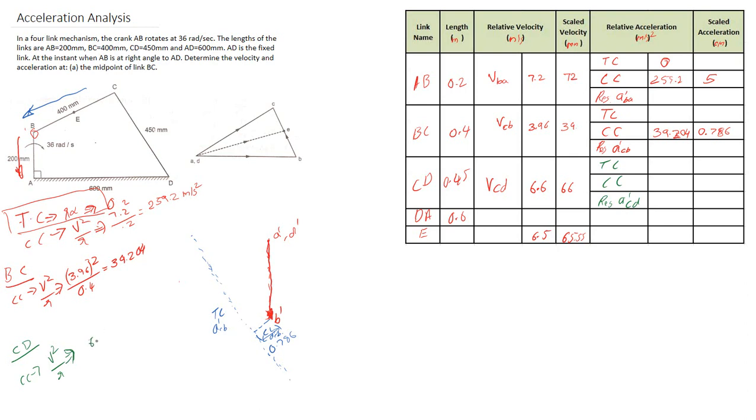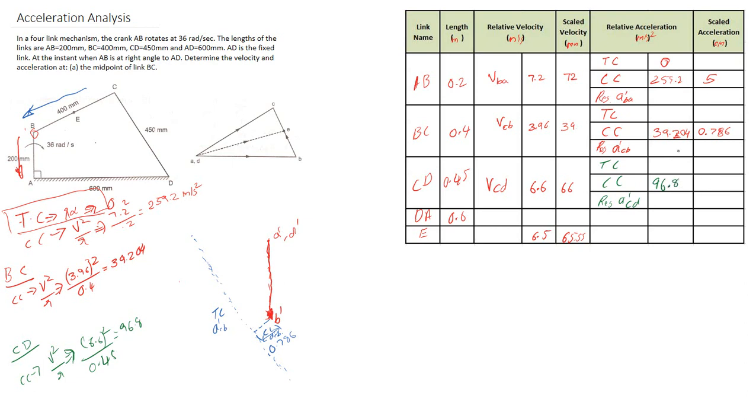That means 6.6 square divided by 0.45, which will be equal to 96.8 meter per second square.